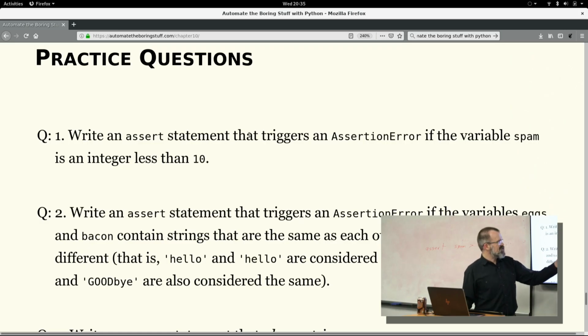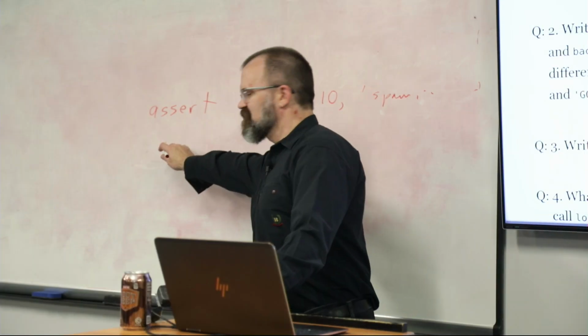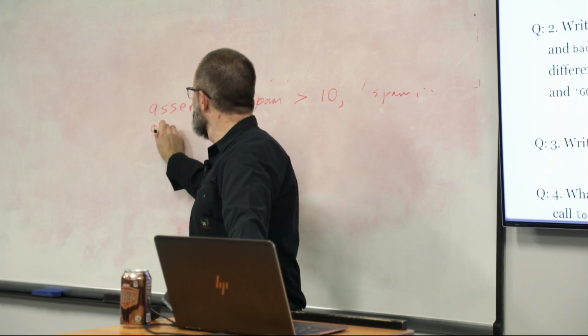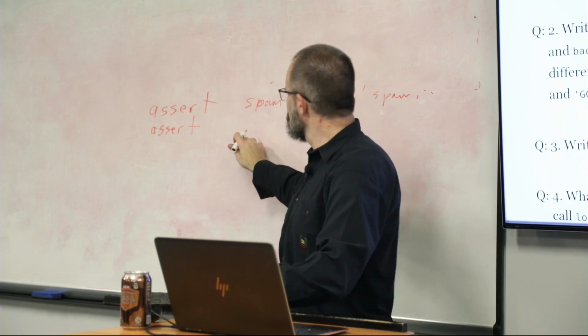All right. What about if eggs and bacon, which are variables, contain strings that are the same as each other, even if the cases are different? What's the first word? Okay, good. Even if you can't do any of the other ones, the first word on an assertion will be assert.